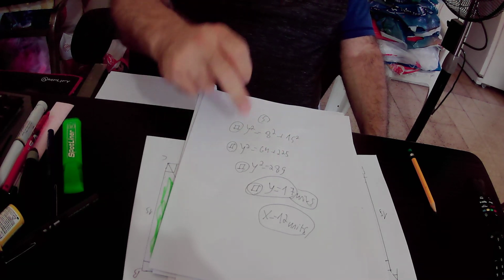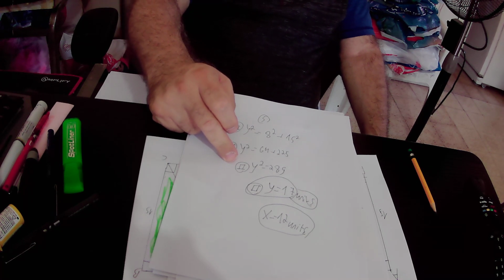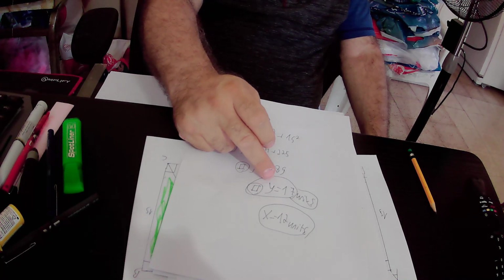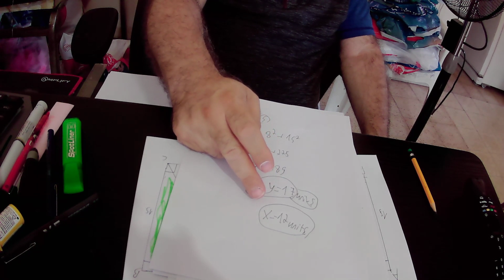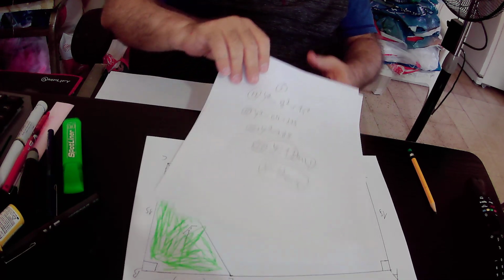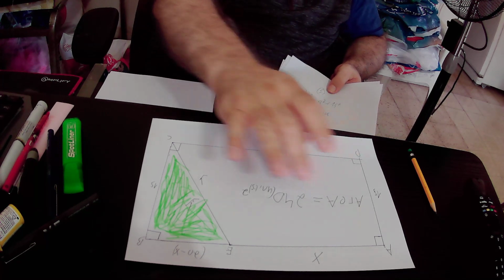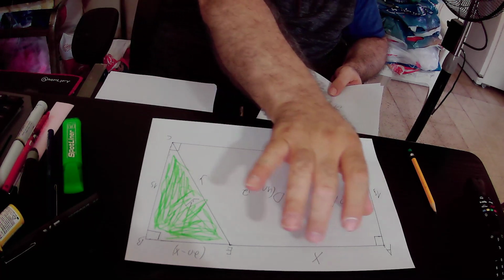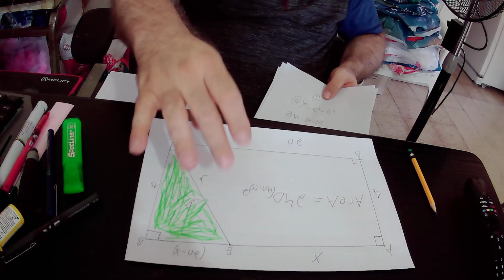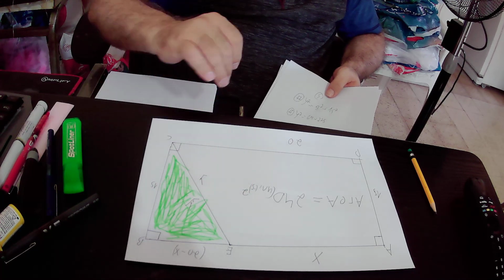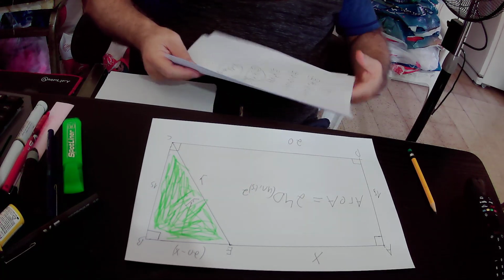We take the square root of equation number 2, and we got that y equals 17 units, and we already found out that x equals 12 units. So the answer to the question, to find the values of x and y: the value of x is 12 units and the value of y is 17 units. Okay, thank you very much.